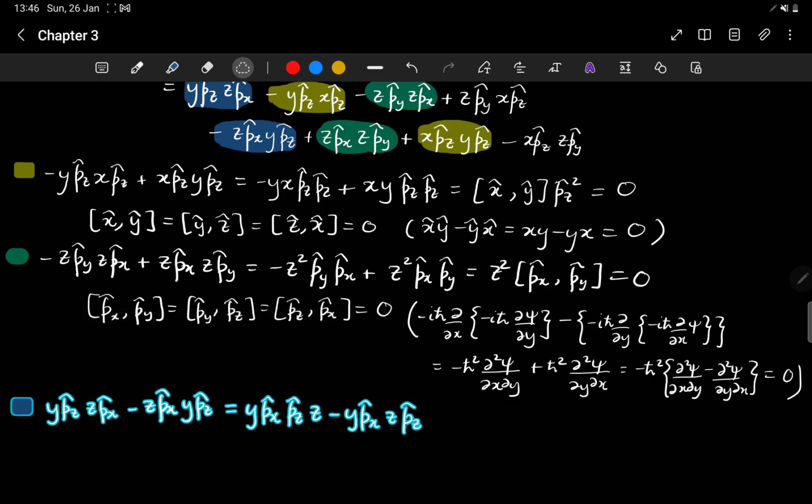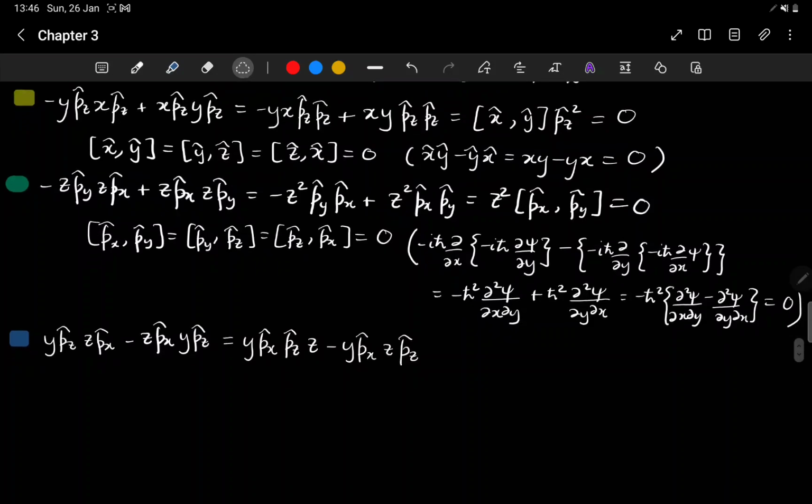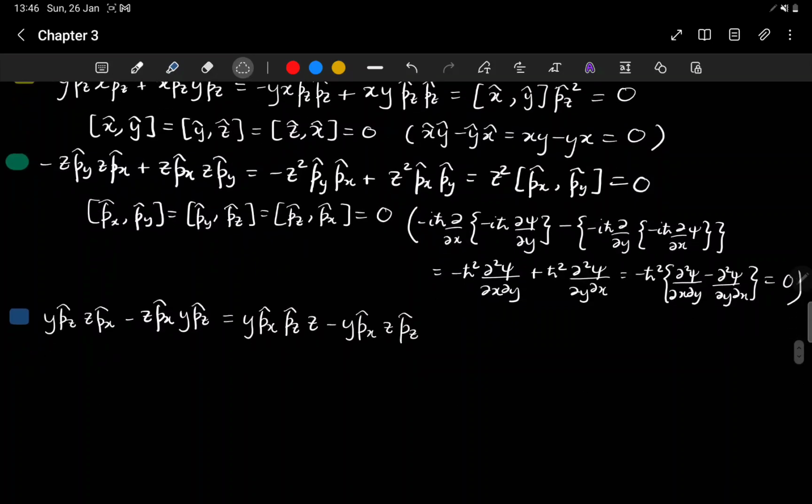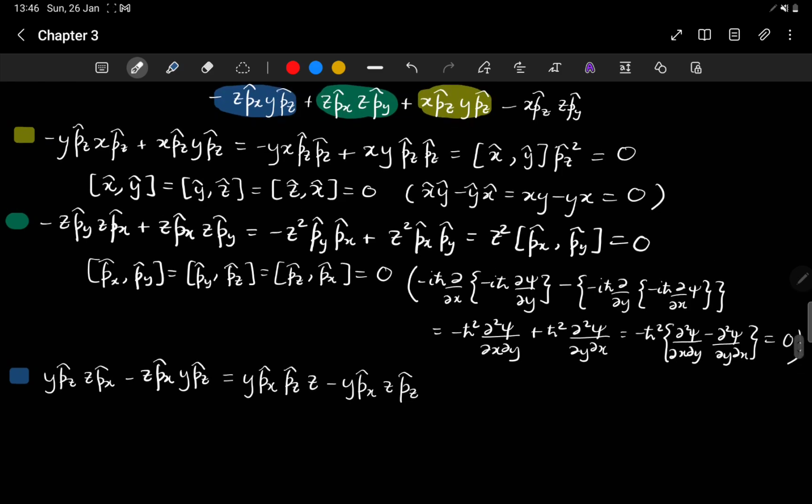I need some space, so I'll shift this down a little bit. So we basically used this result over here, that px on py or py on px, they are the same, and also px does not operate on y. So let me write down that result also.